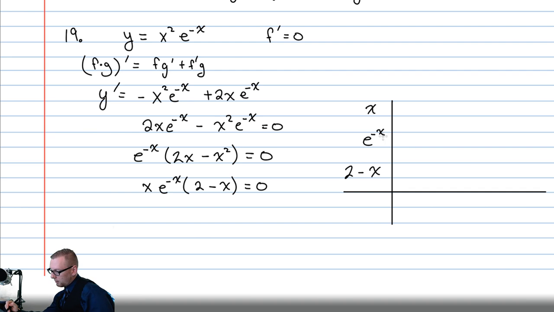e to the minus x doesn't have any zeros. It's always up, and it always has a positive sign, right? So 1 over x, if it has its 0 at, what do I want to say? Give me a second. I want to think about what I want to say here.